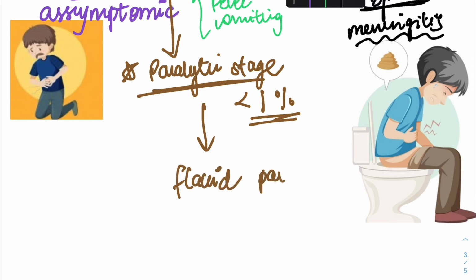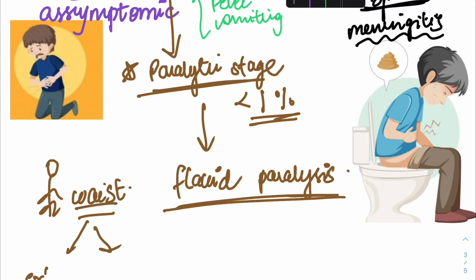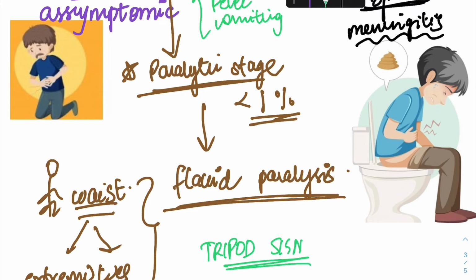You will see paralysis in this patient, right? And this paralysis starts from the waist, and then it spreads to your extremities, to your legs. It spreads to your extremities, and a very prominent sign will be a tripod sign, which is seen in this disease, a tripod like sign, right?